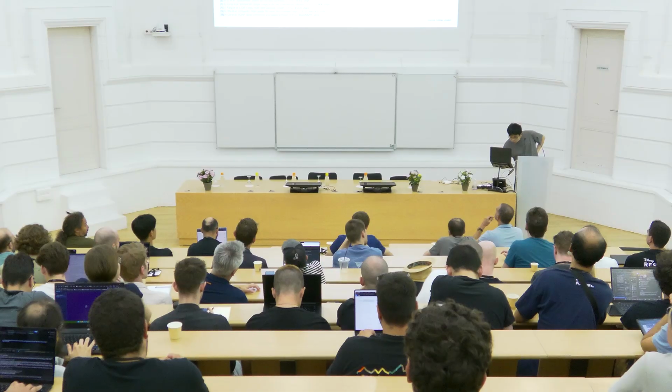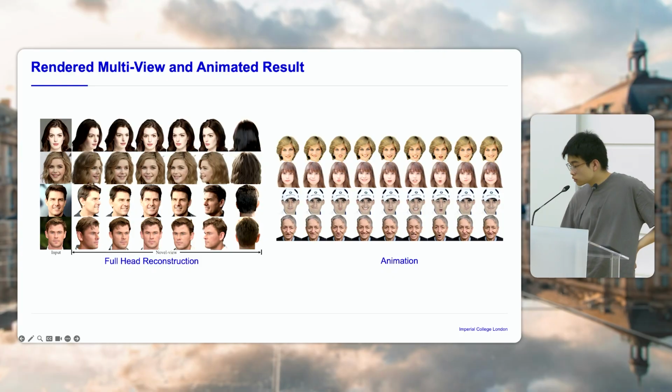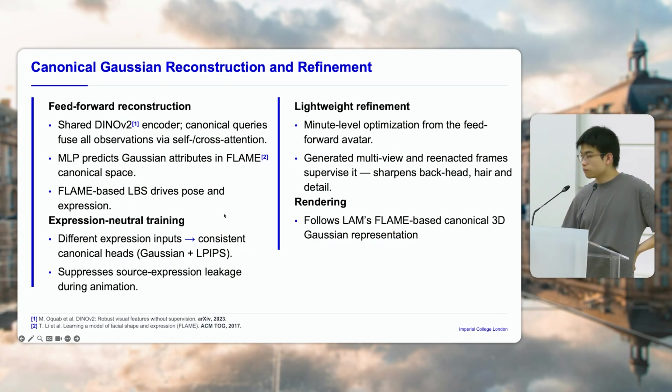No, because we also have this expression neutral training stage, which explicitly removes the expression from the source image, and that will keep the input image for the canonical reconstruction expression neutral. And therefore, very unusual expressions will not be a problem for our pipeline. Okay, thank you. Are there any other questions?